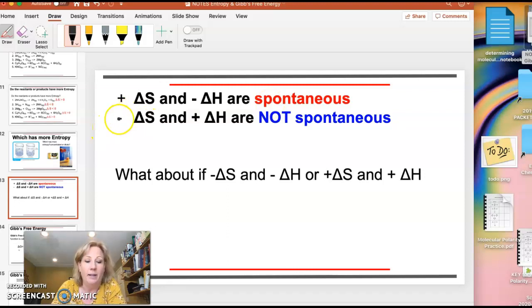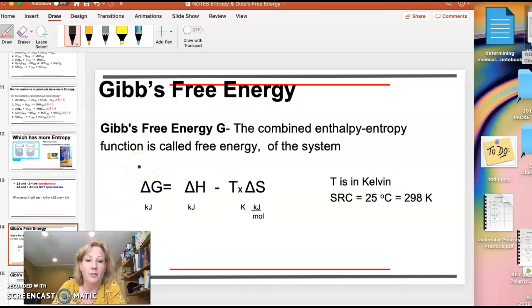If I have something that's decreasing in entropy, so it's getting more ordered, and it's endothermic, it's not going to be spontaneous, no matter what. The question is what if I have the entropy saying no, it shouldn't happen, but the enthalpy says yes? Or I have the entropy saying yep, this should happen and be spontaneous, but the enthalpy is saying nope, endothermics are not as common. So that's where we get to something called Gibbs free energy.